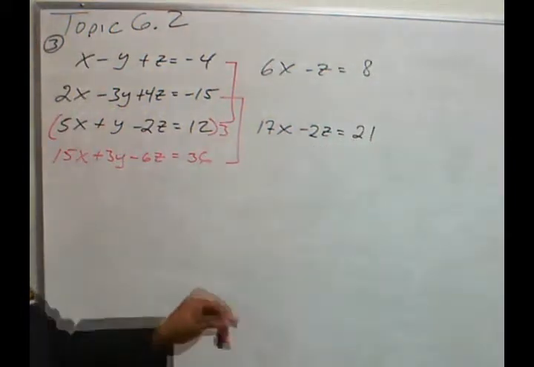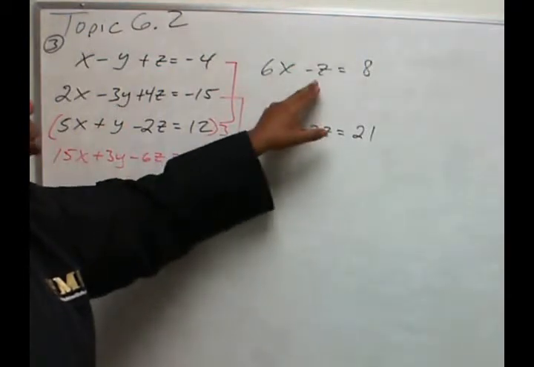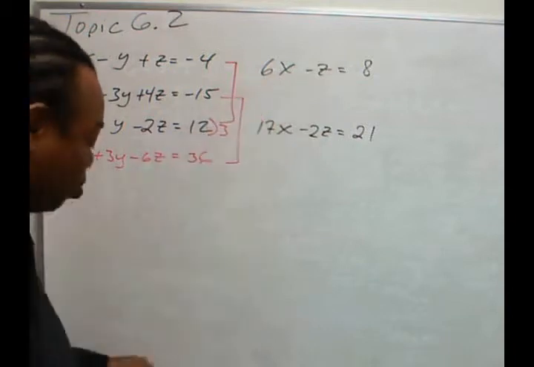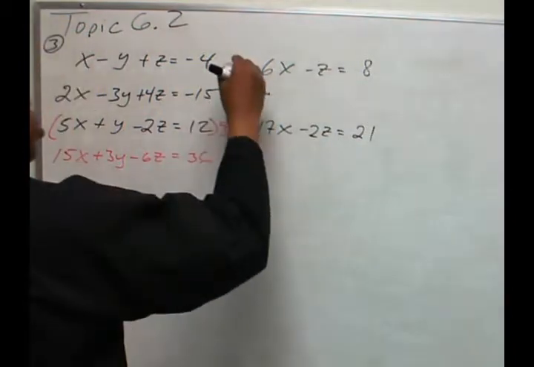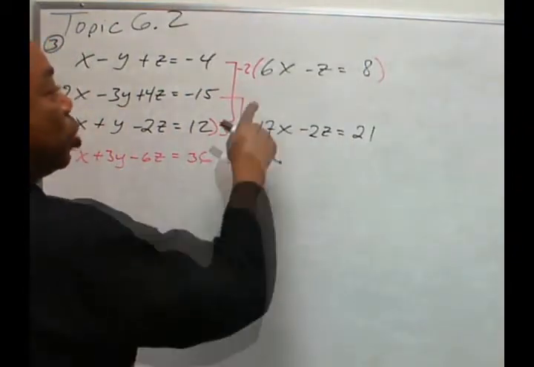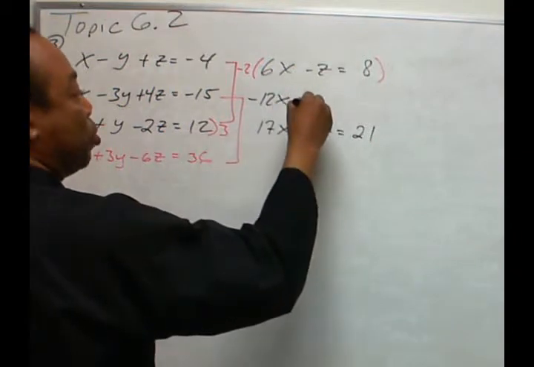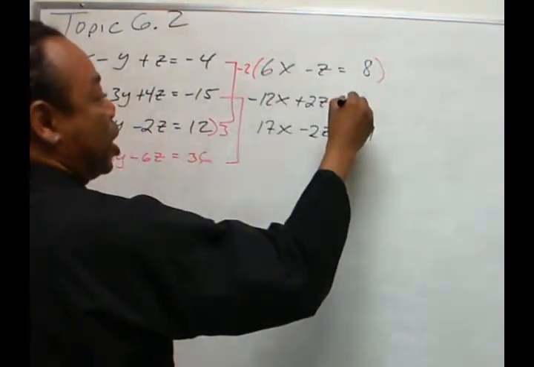Okay, now from here I want to cancel out my z's. I have a negative 2z, so I want a positive 2z here. So I'm going to multiply this by a negative 2. Multiplying by negative 2 gives me a negative 12x, a positive 2z, and a negative 16.